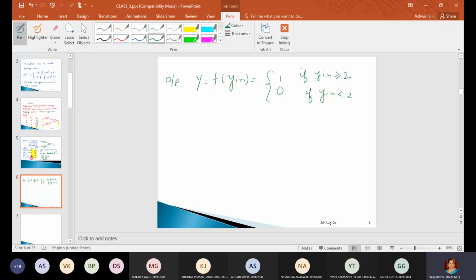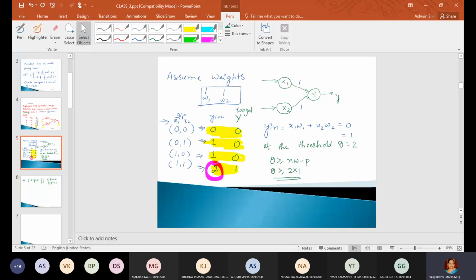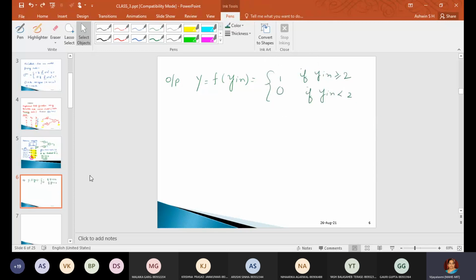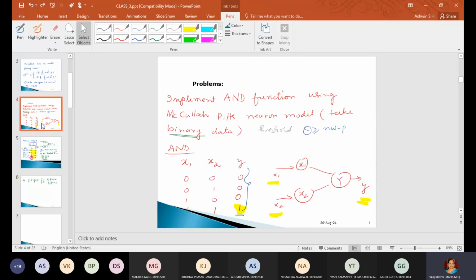So what is the neural network model? It is this. Here we have x1. I'll write it here itself, this is what we have assumed.